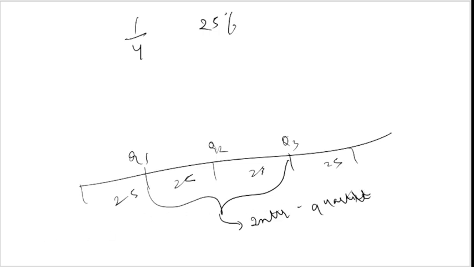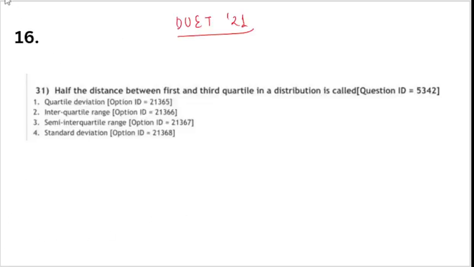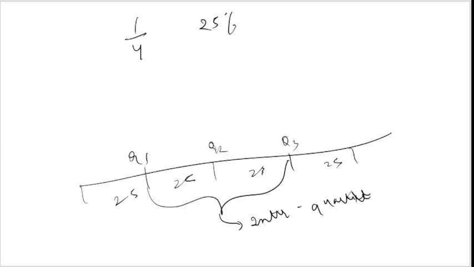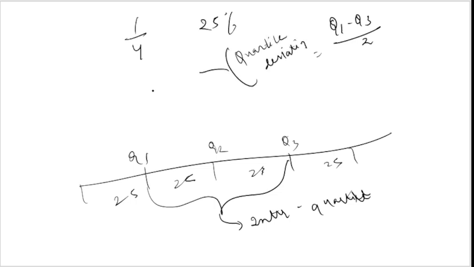But here there is a twist. The question asks half the distance between the first and the third quartile. So what will be the formula here? It will be Q3 minus Q1 upon 2, which is the formula for quartile deviation, which is also known as semi-quartile range.